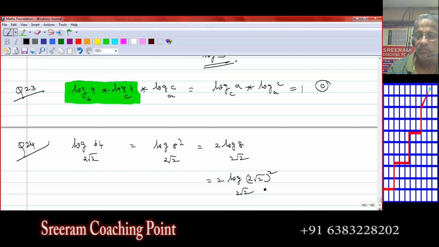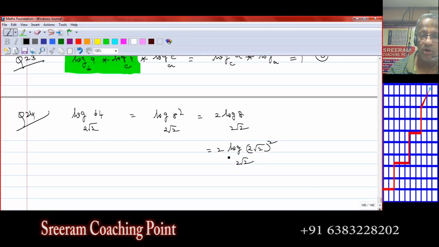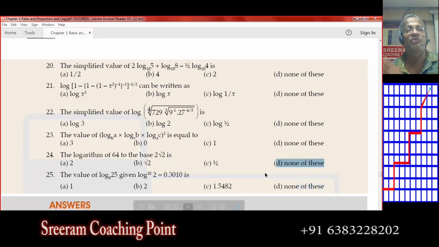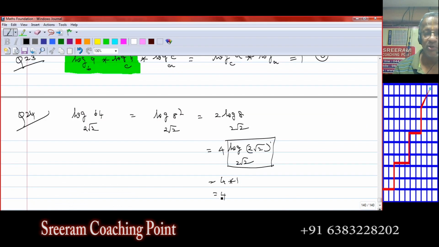And this 2 will go to the front. So it will automatically become 4. Correct? So this portion becomes 1. When you have the value and the base remaining the same, the log value is going to be 1. So 4 into 1 is equal to 4. And we find 2 square root of 2, half and none of the above. So since 4 is not a specified answer, I have to choose none of the above. Is it okay?